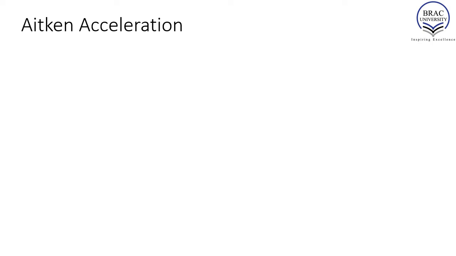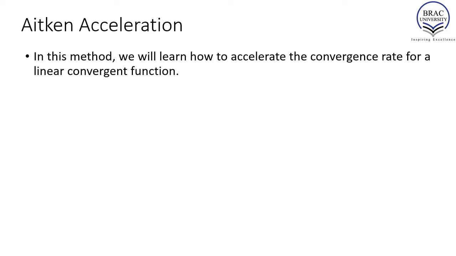Today we start the Aitken acceleration, and later on we'll discuss the second method, and that will be the end of this chapter. So in this method, the Aitken acceleration, we'll learn how to accelerate the convergence rate for a linearly convergent function.